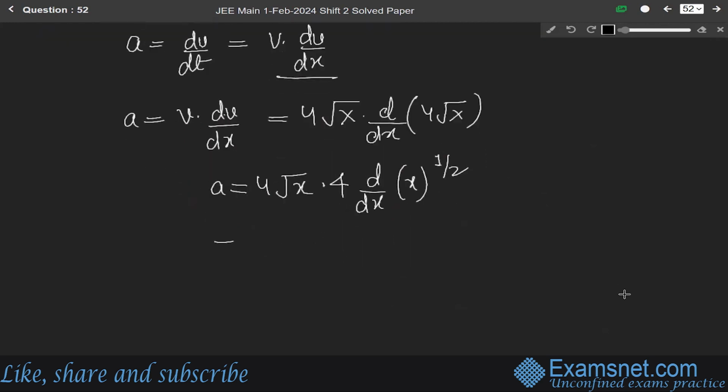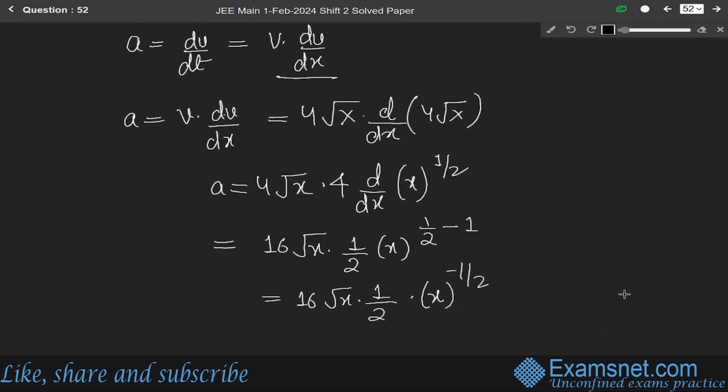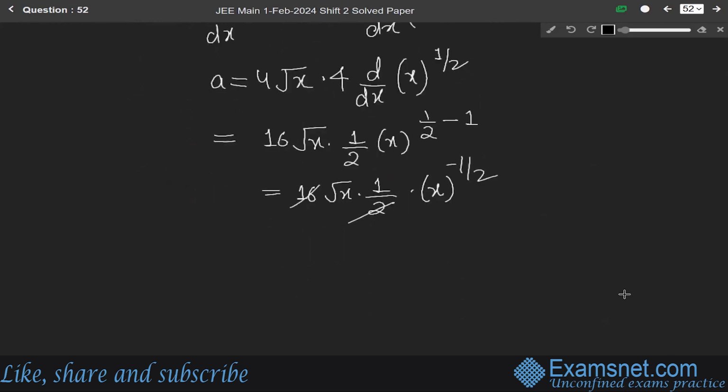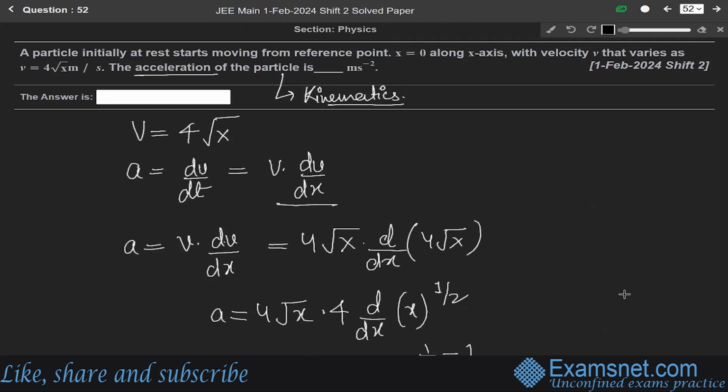So solving it, we get 16 root x into 1 by 2 into x to the power minus 1 by 2. Okay. So 2 8s are 16. So acceleration will be equal to 8 root x over root x. This root x cancels. So we get acceleration equal to 8 meter per second square. So the acceleration of the particle is 8 meter per second square.